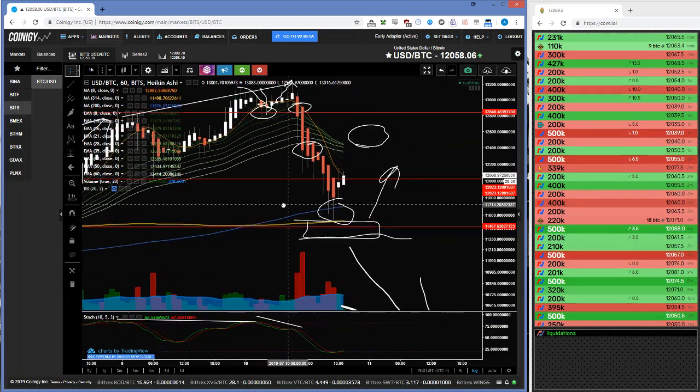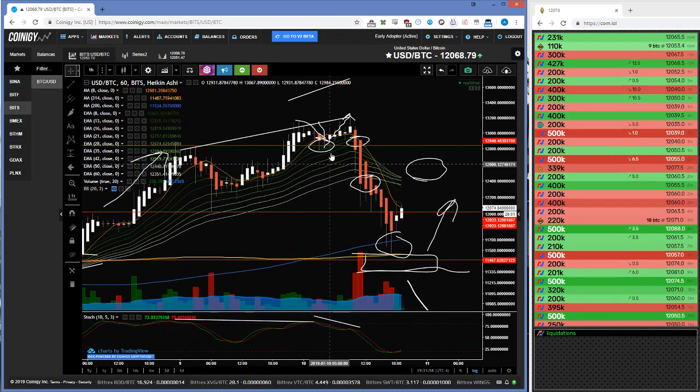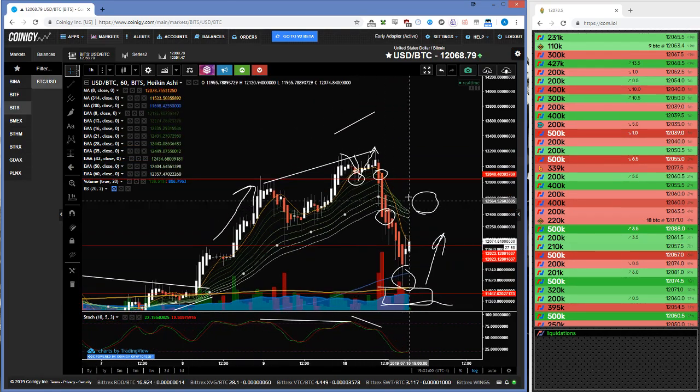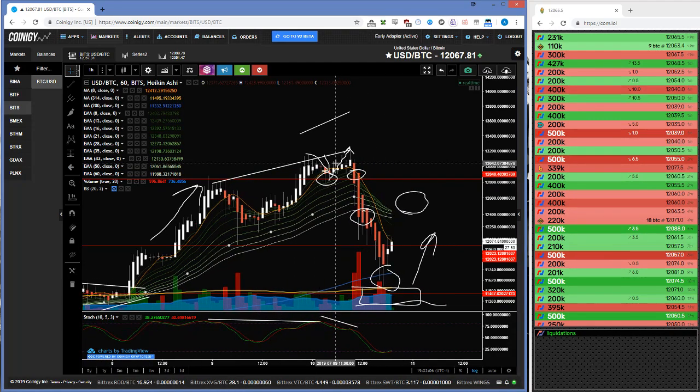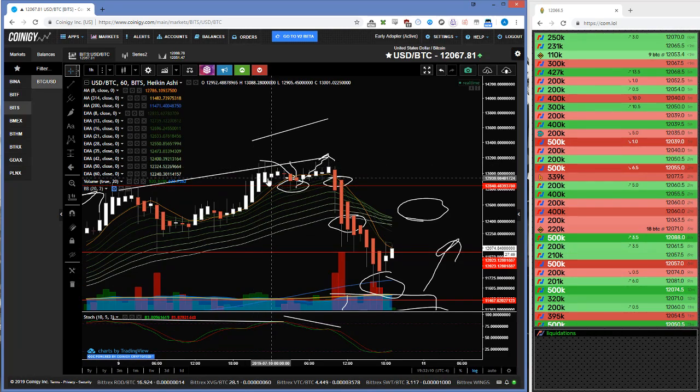But yeah, the break above 13K, in my opinion, was just a stop run, because we went above, but we didn't really go very far.